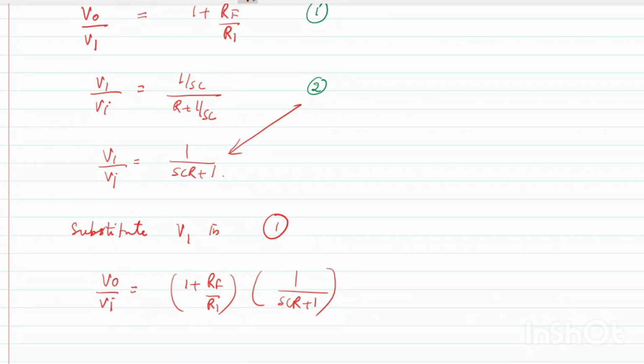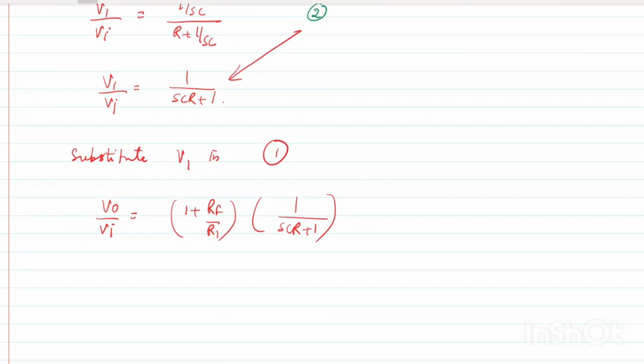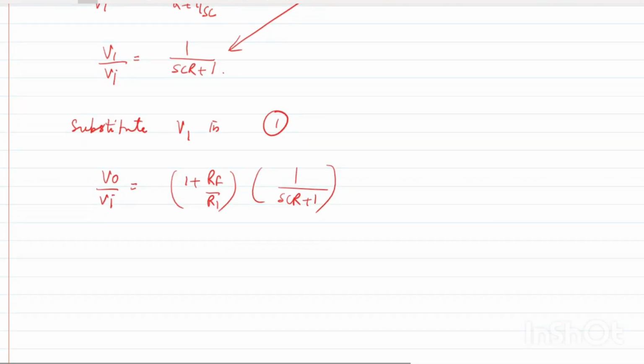Okay? Now, this is your VO by VI. And you can see whenever you have S component in the denominator, अभी हमने देखा it's a low pass filter.